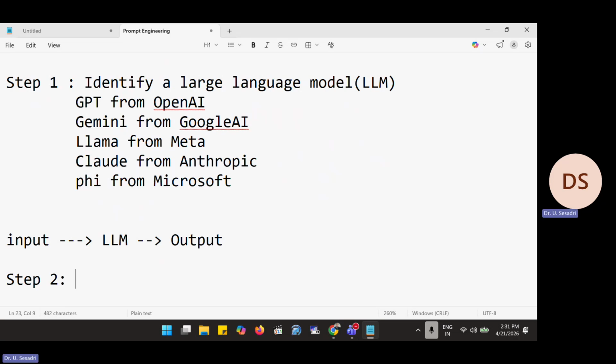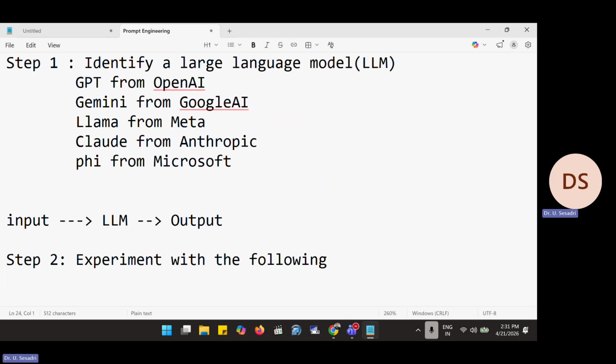we have to experiment with the following. You may use prompt engineering or designing.